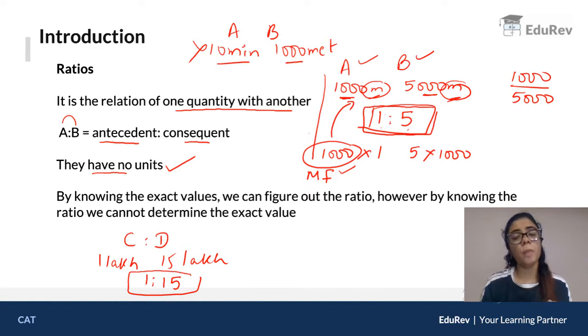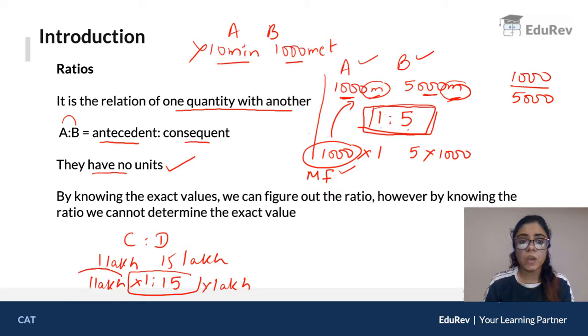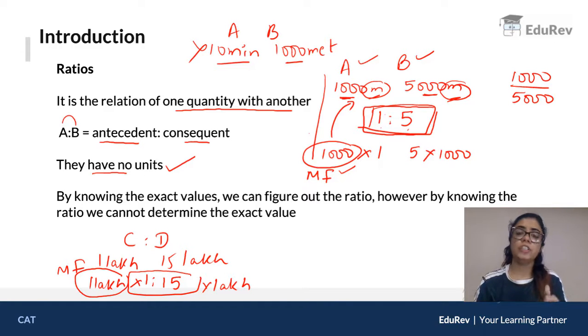If I have to go back to the original value, I will multiply this 1 with 1 lakh, ठीक है, and 15 also with 1 lakh. So I will get my original value which is 1 lakh and 15 lakh. तो यहाँ पे 1 lakh becomes your multiplying factor. So that means when you eliminate your multiplying factor, the common factor, जो बचता है, that is your ratio. ठीक है, so that is what ratio means.